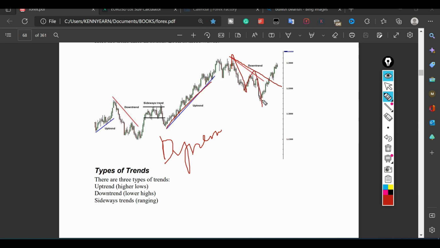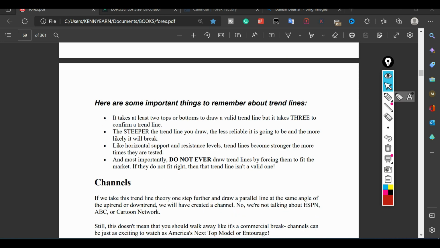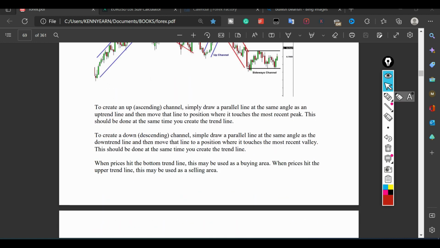So we draw a line and the market hits and reverses. So trend lines are diagonal lines that we draw in the market to maybe predict the next market direction. They use that as, should I say, dynamic support and resistance.